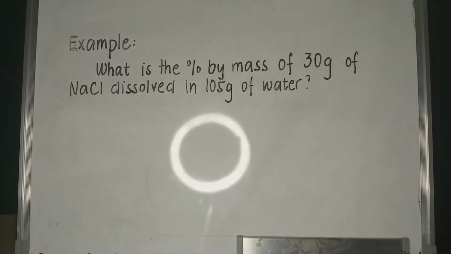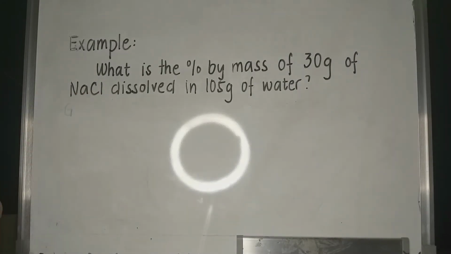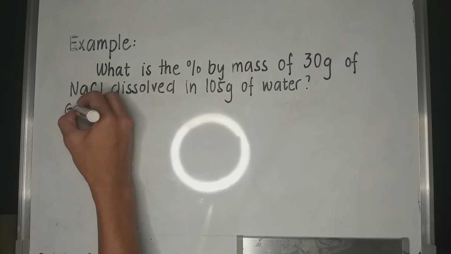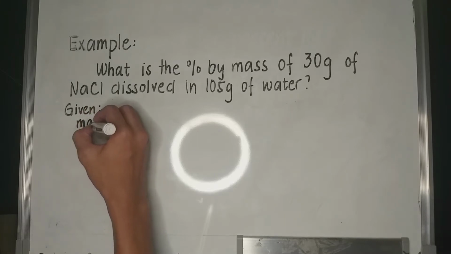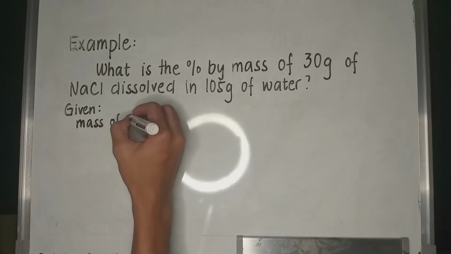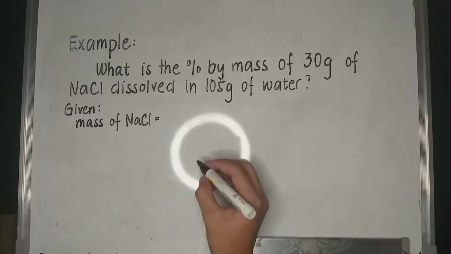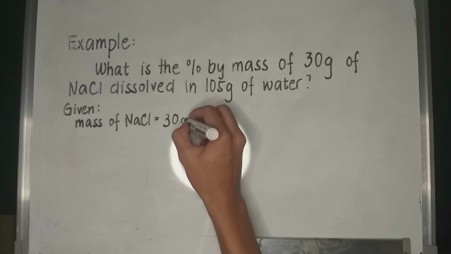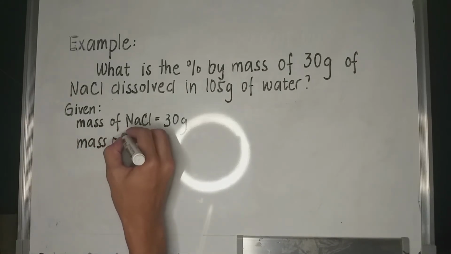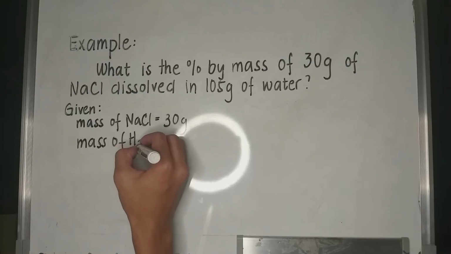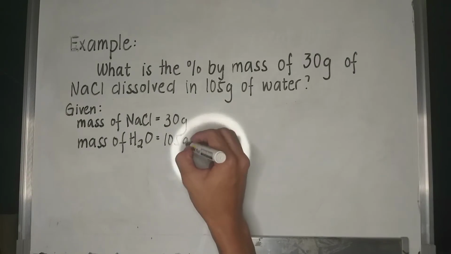So now, at first, write the given. So the given are mass of solute, which is the sodium chloride, equals 30 grams, and then mass of water or H2O equals 105 grams.